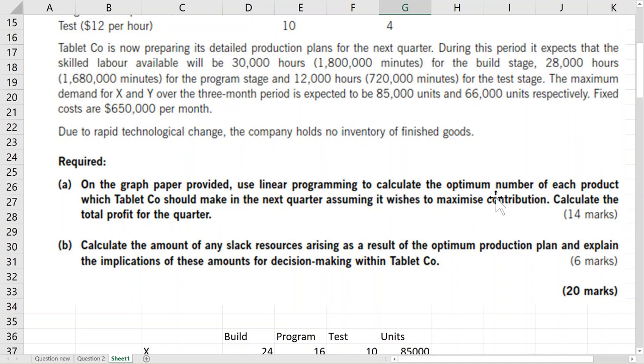Use linear programming to calculate the optimal number of each product which Tablet Co should make in the next quarter, assuming it wishes to maximize contribution. Calculate total profit for the quarter. Calculate any amount of slack resource arising as a result of optimal production plan and explain the implication of these amounts for decision making within Tablet Co.